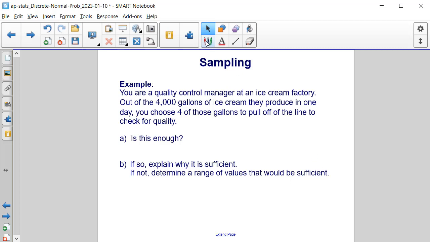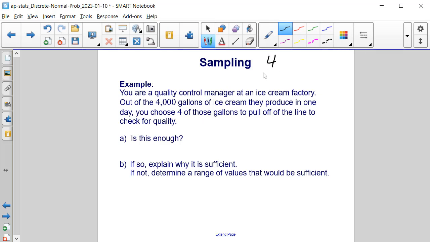Well, if we take a look at this, the problem is saying that 4 out of 4,000 gallons of ice cream are being checked, or 1 out of 1,000 when it reduces. And that's also equivalent to being 0.1%.